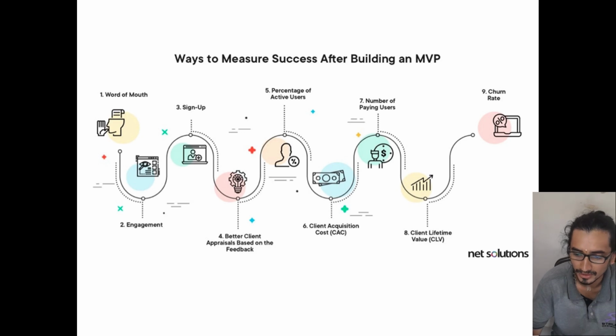Then some of the other things you might have to check is how many users. This illustration is specifically related to software MVPs, but I'm adapting it to hardware MVPs because it's something similar for hardware too. So another thing you need to track is how many people you are able to reach once you have built the MVP. And the reaching is not just through the actual physical MVP.